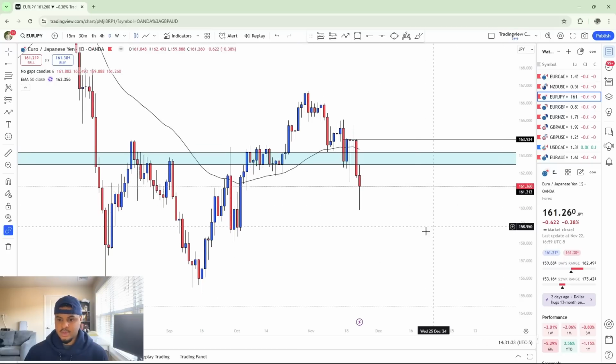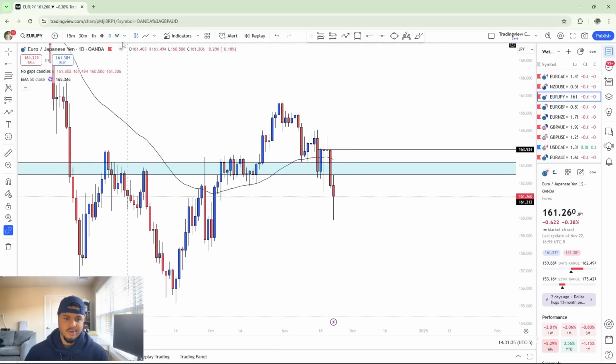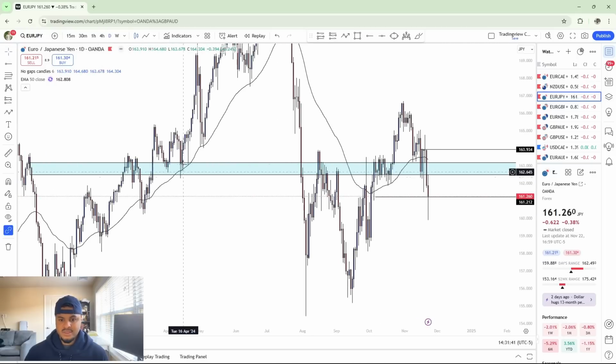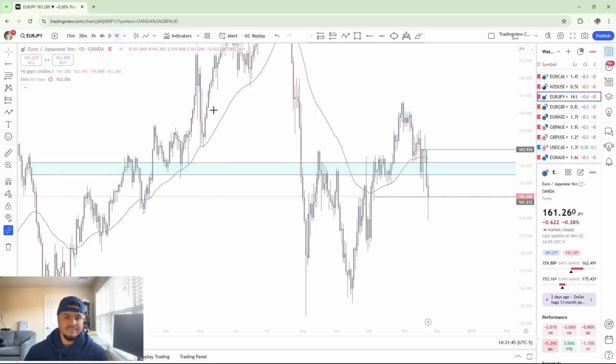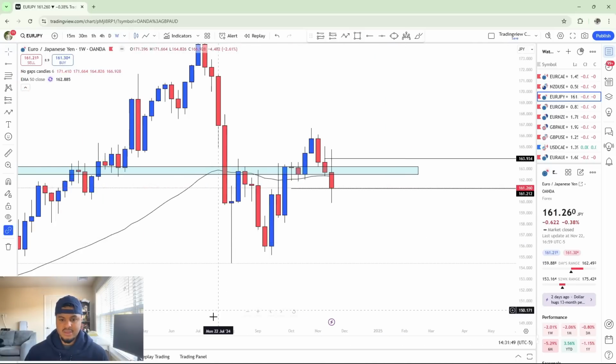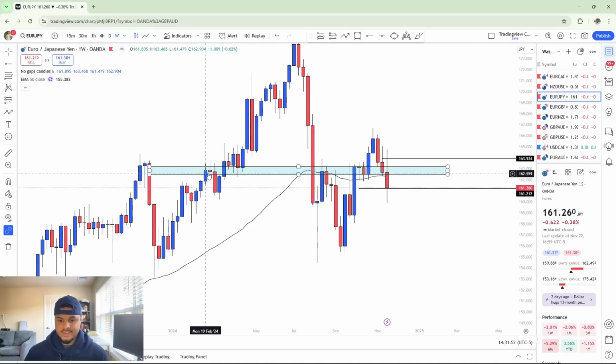So we don't have to worry about what the 4 hour is doing, just because we know we're already bearish on the higher time frames. We have an area of interest marked up here. 1 touch, 2, 3, all in here, 4. And it low-key matches up with a weekly area of interest. 1 touch, 2 touch, 3, 4.